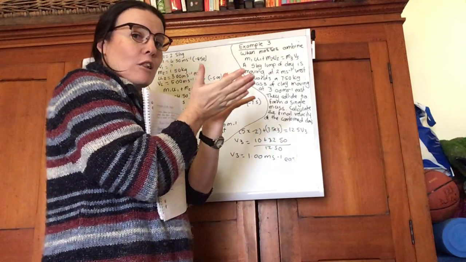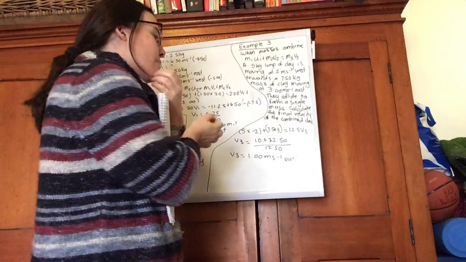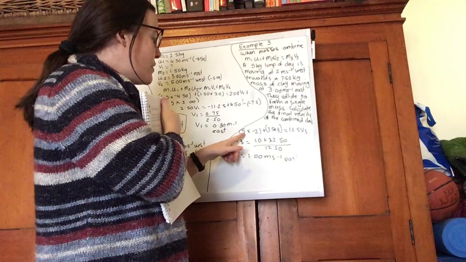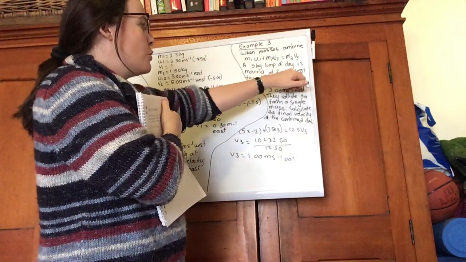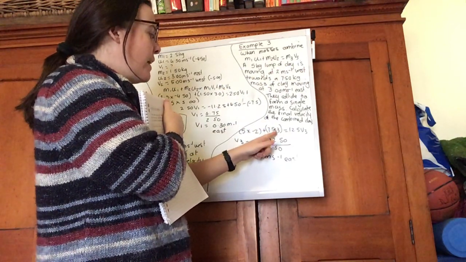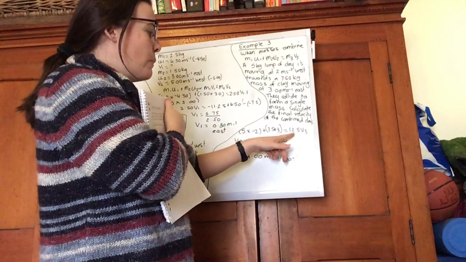Now, none of the clay got lost, so we know what the mass is going to be of the final combined. Okay, so I've got 5 multiplied by -2 because my 2 to the west becomes a negative, plus 7.5 times 3 has to equal 12.5.